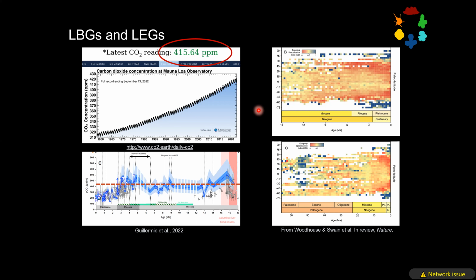But the reason basically is that, as you can see in the southern hemisphere especially, we actually have high latitude records for the last 66 million years only for the last 5 million years. And this is mainly due to the fact that coring in those southern high latitudes is very difficult due to the ice rafted debris. There's just so much sediment that comes off of Antarctica that you just cannot get past the Pliocene usually.